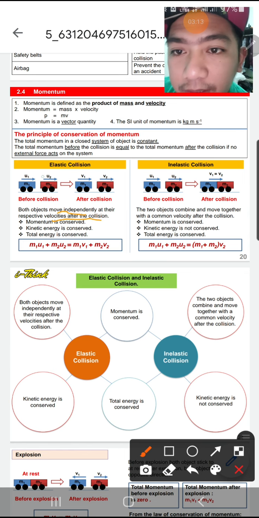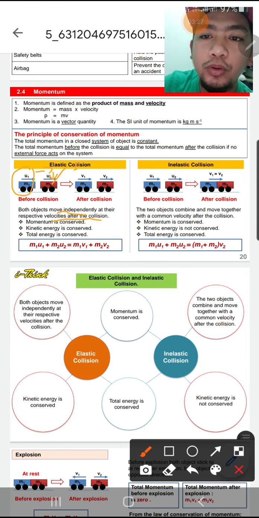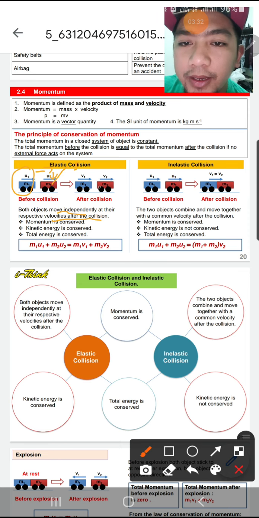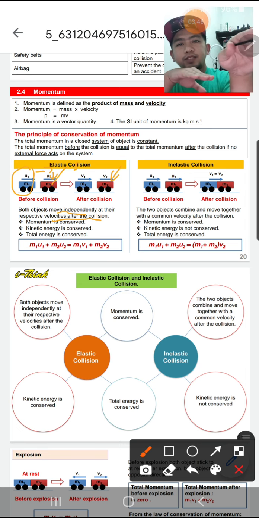Let's say the blue car collides with the red car. At first, the red car is stationary, meaning it is stopped. The blue car is moving and then collides with the red car. And then what happens after the collision is the blue car is still moving and the red car also moves. They collide and then move separately.